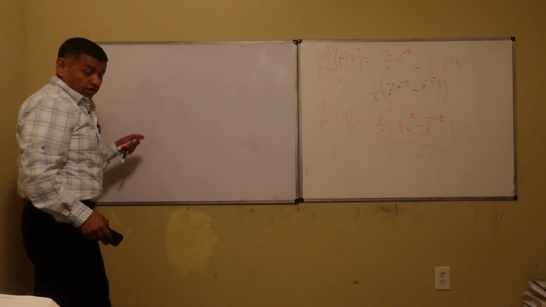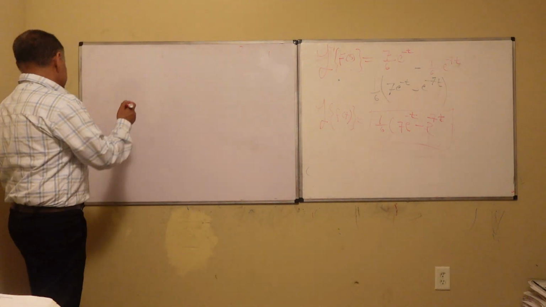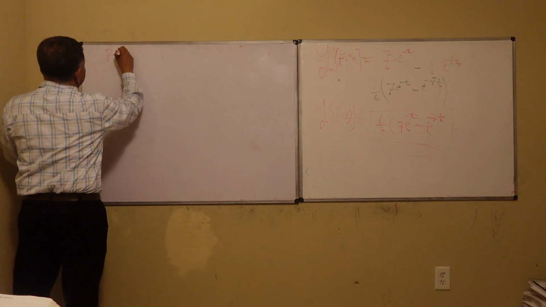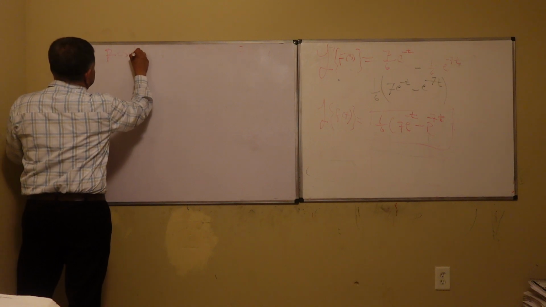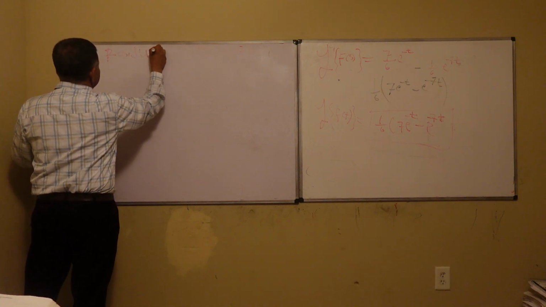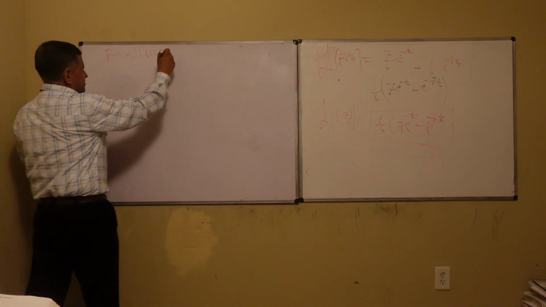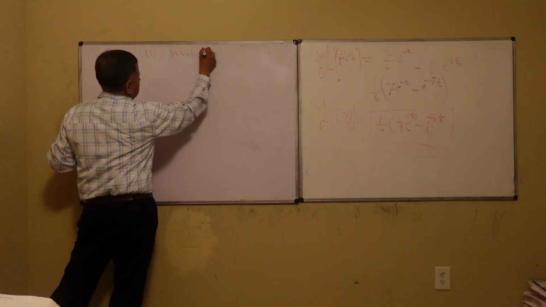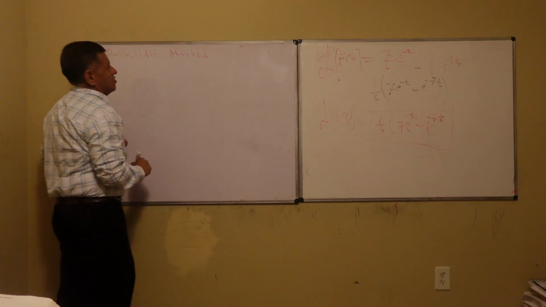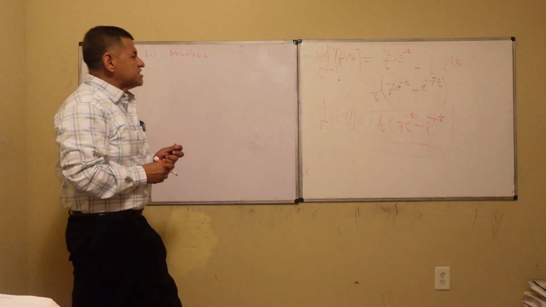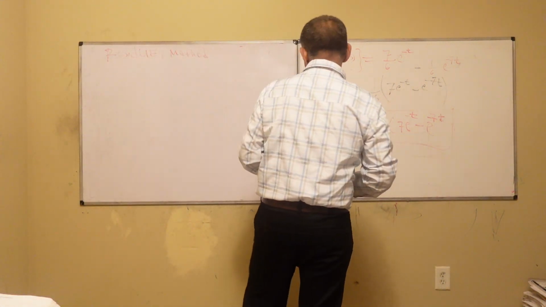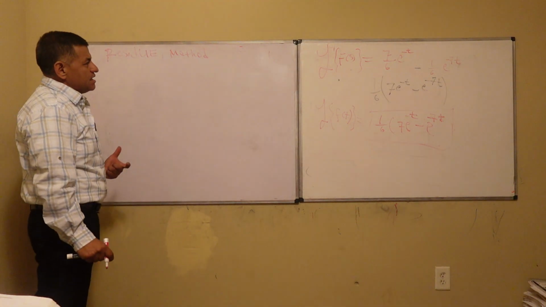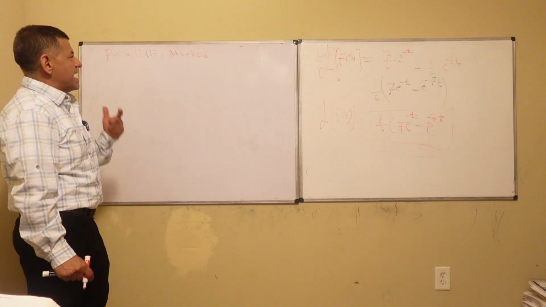The other method is called the residue method. In the residue method, what I am basically doing is the same thing: find A and B, with the difference that I don't have to do all this.